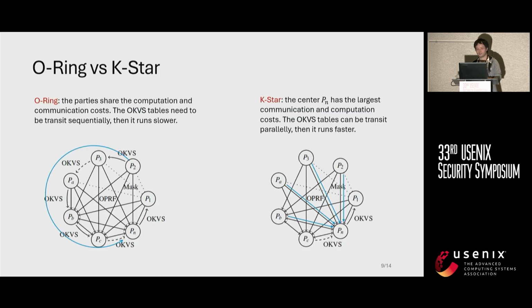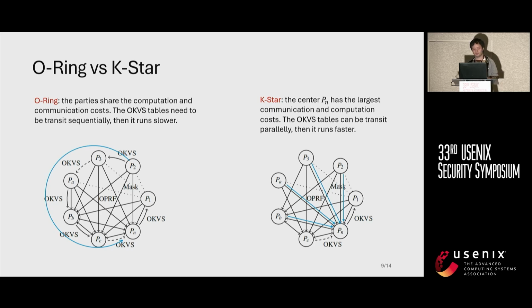So we compile the O-ring and K-star. O-ring, as the name shows, is a ring design, so the OKVS tables need to be transmitted sequentially from P2 to Pn. In K-star, all the other parties can directly transmit the OKVS table to Pn, so Pn can do that work.